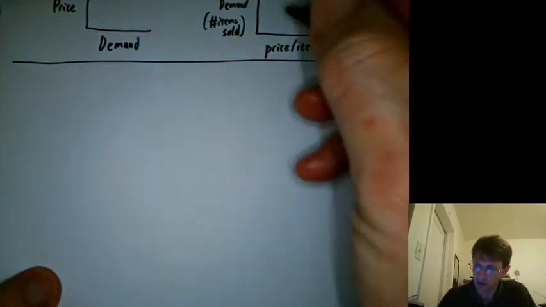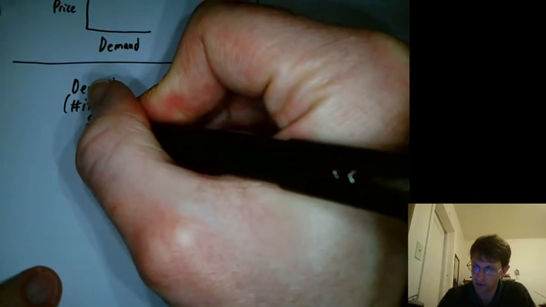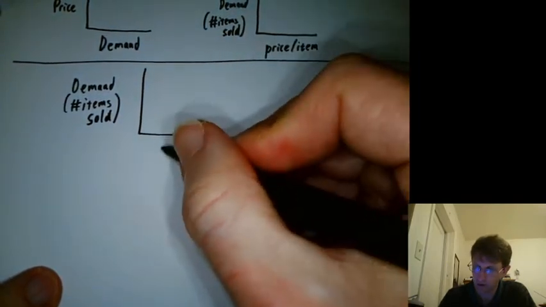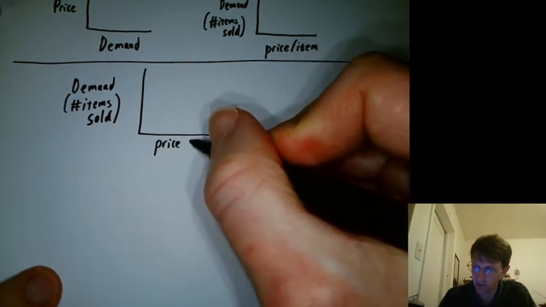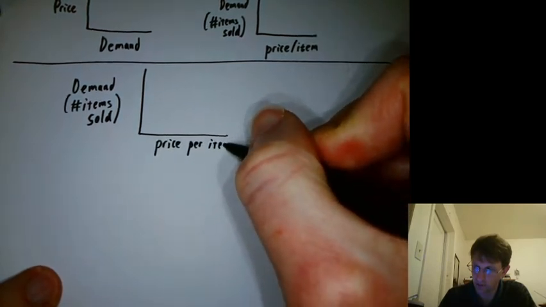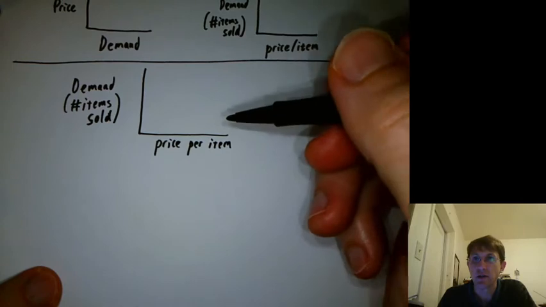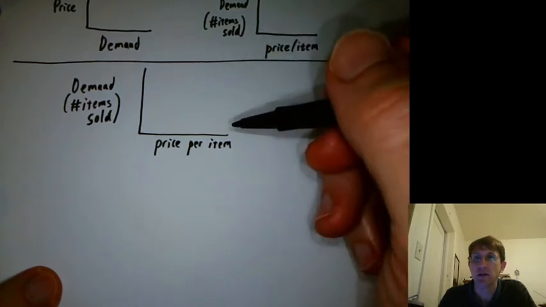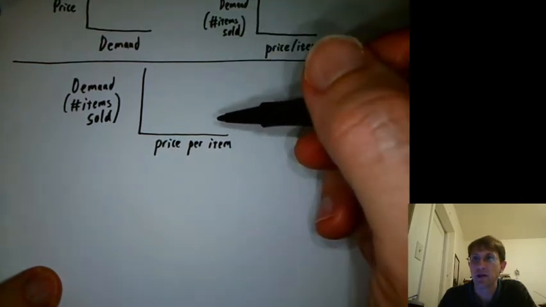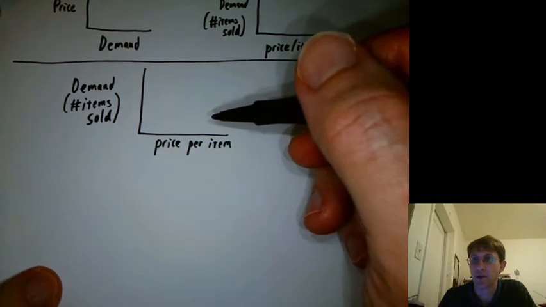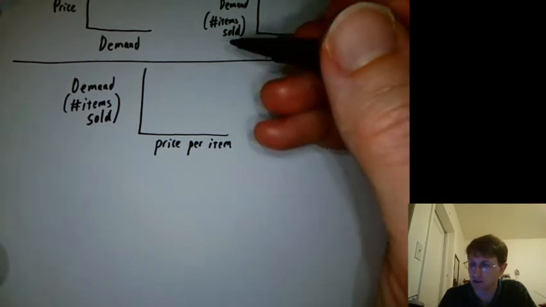So what does the demand curve look like, again, from the math point of view? So we'll say demand, number of items sold, and price per item. Well, generally you would expect the higher the price you set, the lower the demand will be. If I charge $1 million per pound of apples, I'm not going to get very many customers.